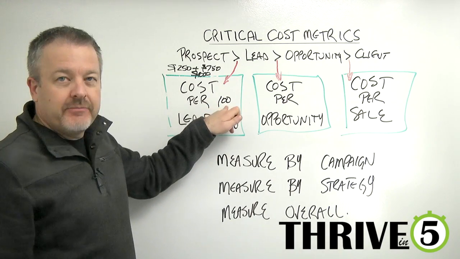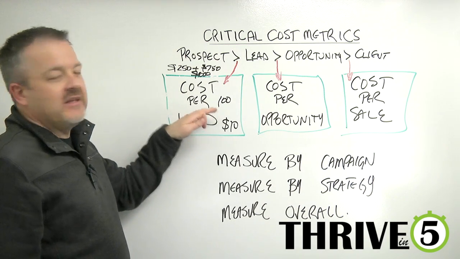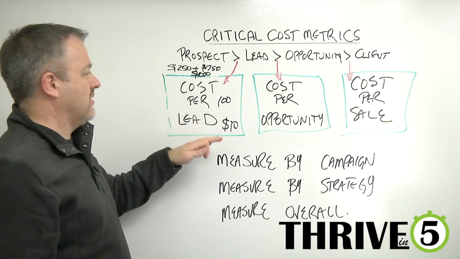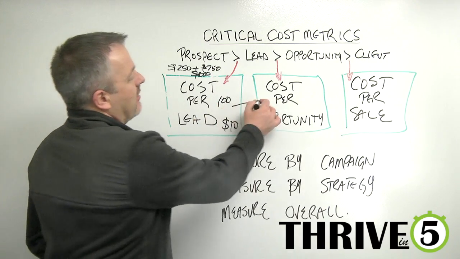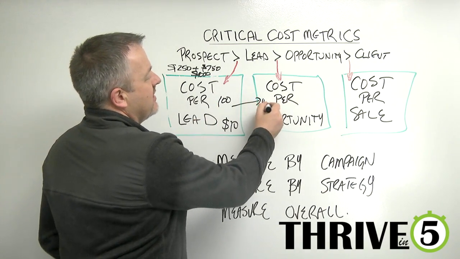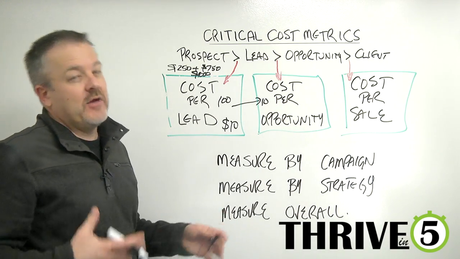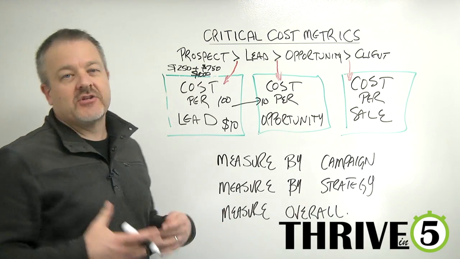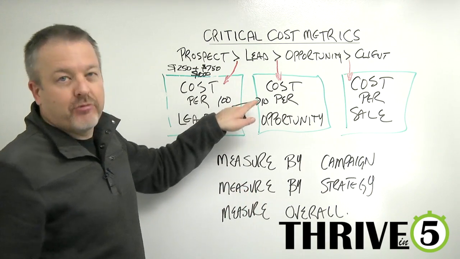So 100 of those people show up at the webinar. Within that webinar, let's assume that only 10 of these people, based on what they learned and what you taught them, decide that they want to learn more from you and they're interested in the service you have to offer, so they ask you for a proposal.